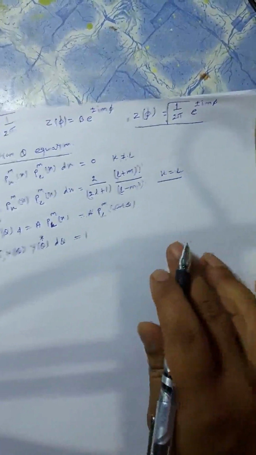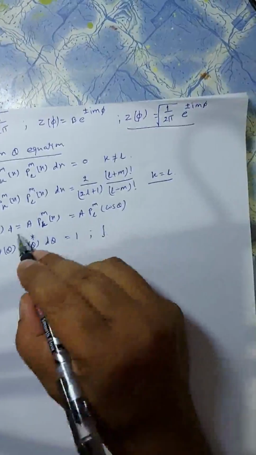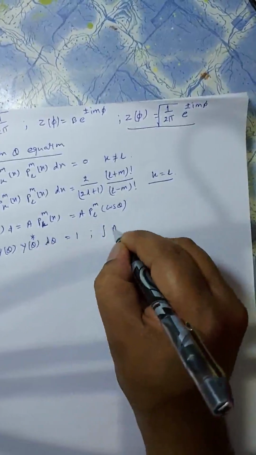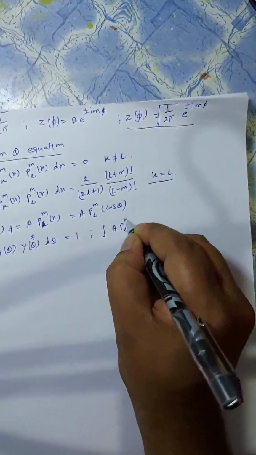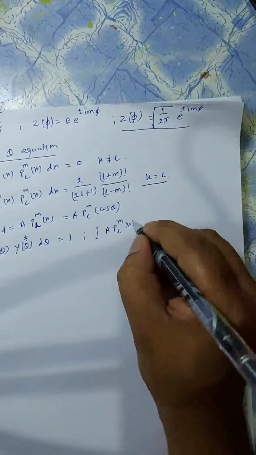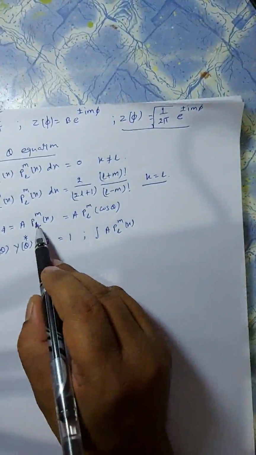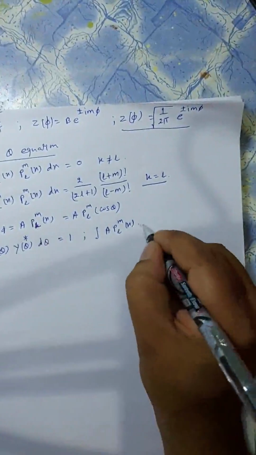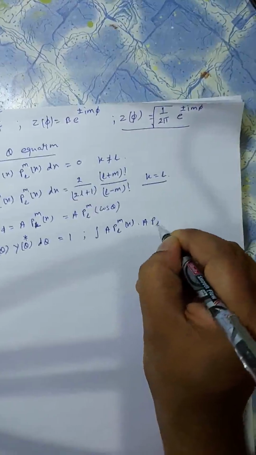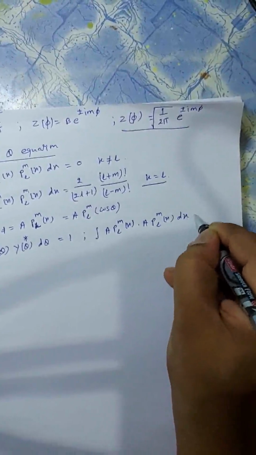You can take x in place of theta. Normalized equation, we have to put this value. Y(theta) is equal to A P_l^m(x), where x is equal to cos theta. There is no complex conjugate here, so there is no sign change. It remains the same. The integral of A P_l^m(x) squared dx is equal to 1.